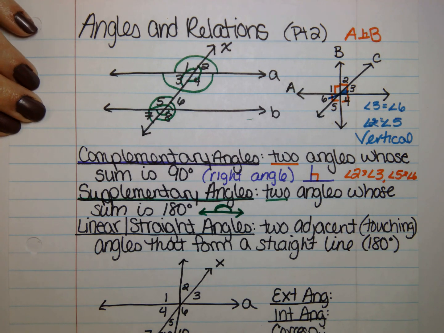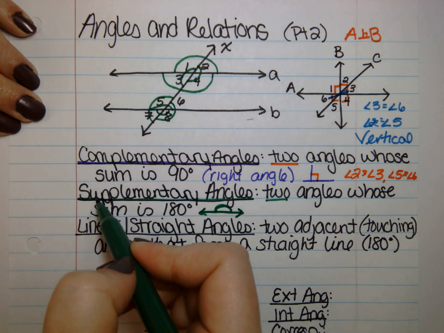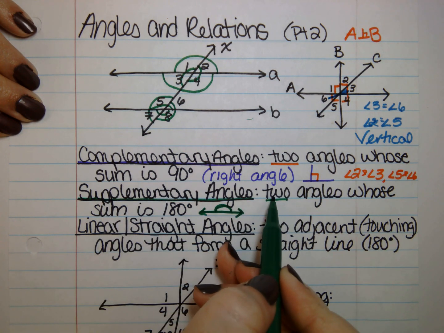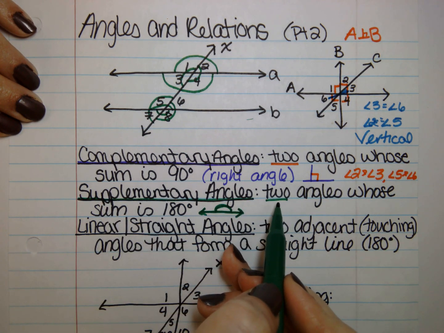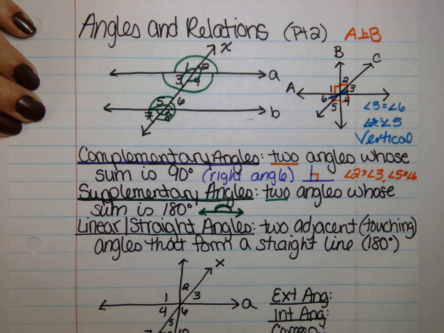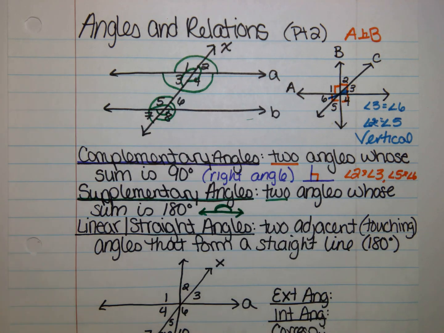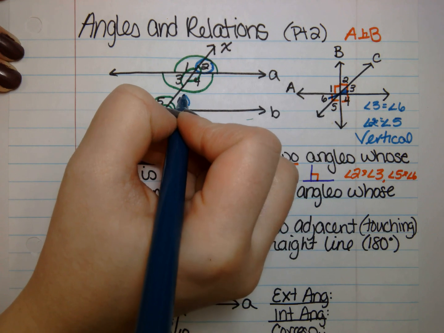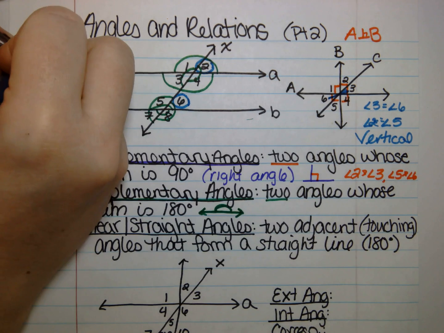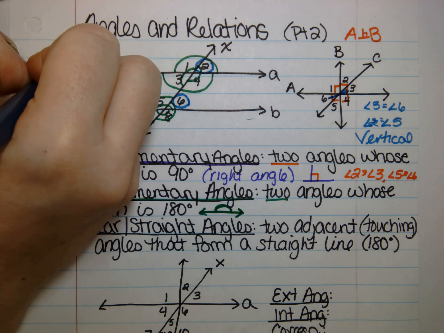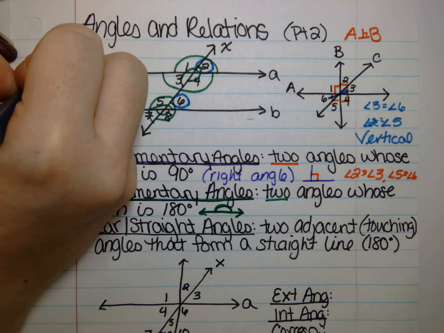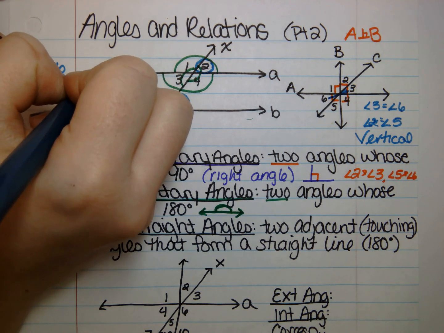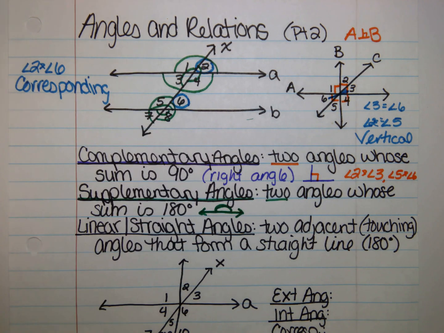However, that's not all of them, because for supplementary, it doesn't say that they have to be touching each other. It just says two angles. So if we use our vocab terms from the previous lesson, if I know that angle 2 has the same measure as angle 6, because angle 2 and angle 6 are corresponding, that means they have the exact same measures.